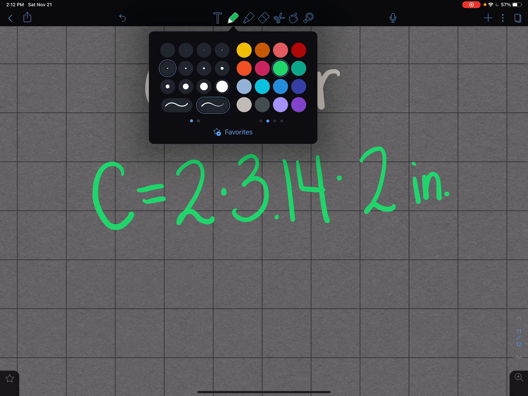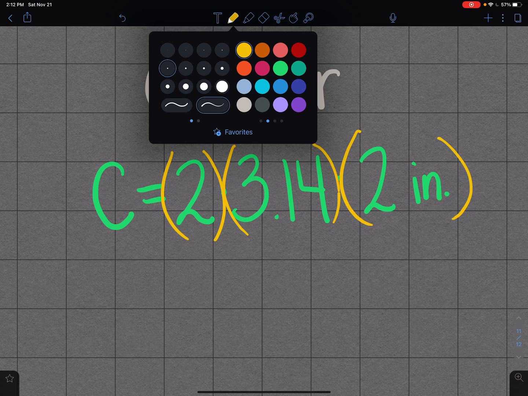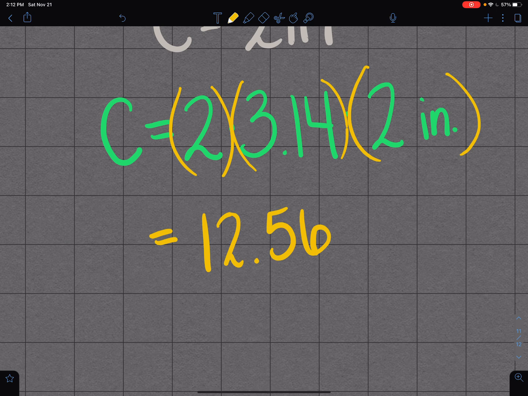So I just put dots there, but what we're doing is we're multiplying all of these things times each other. Okay, so 2 times 3.14 times 2, and you could simplify it to 3.14 times 4, and then plug that into a calculator, and you will get an answer of 12.56, and it has a unit of inches because of that guy right there.